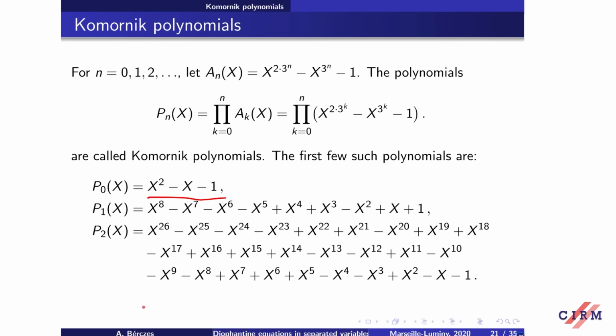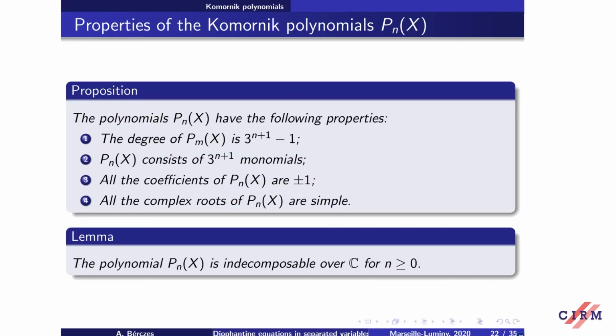So we can see that these are polynomials with coefficients plus or minus 1, and the degree of such polynomials is always 3^(n+1) − 1.